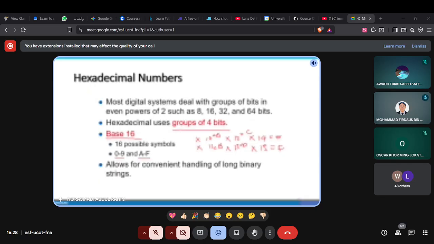In hexadecimal, number 10 is replaced by A, number 11 by B, and so on until F only, because we focus on 8 bit. It allows convenient handling of long binary strings. So this one is okay. Later on, we will learn this one.